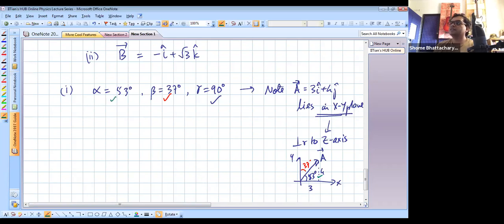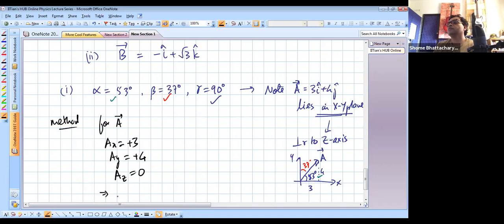So anyway, how did I get this? I got this by just a formula. The method here was this: for the vector E, the x component was plus 3, the y component was plus 4, and the z component was 0.